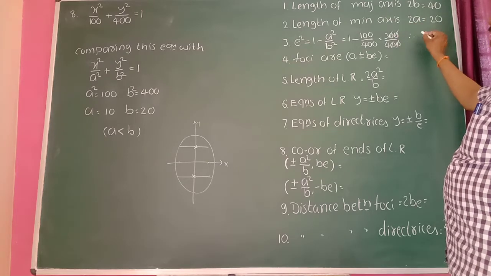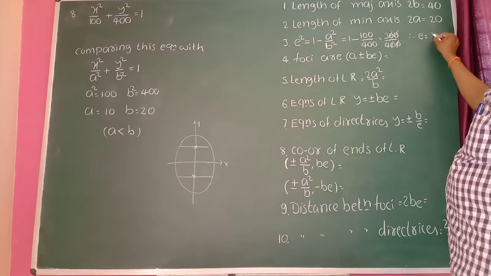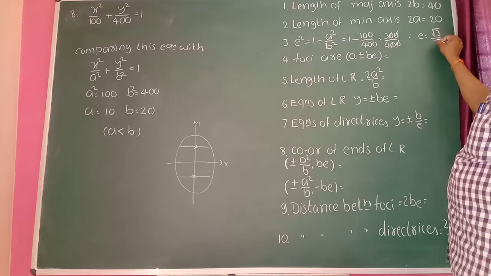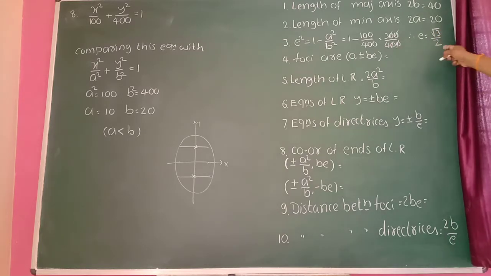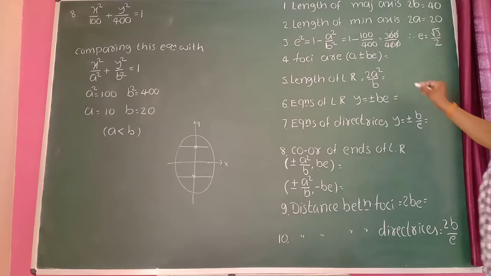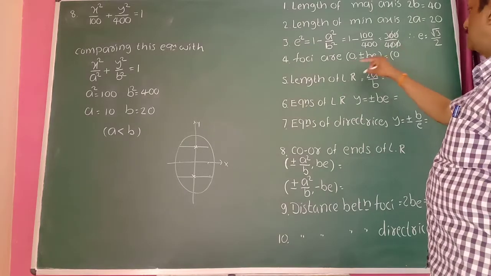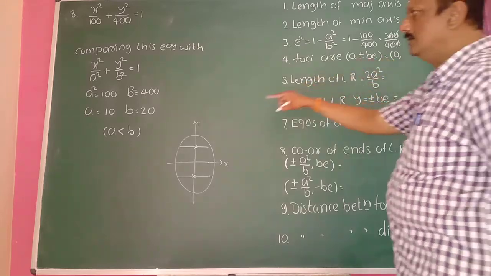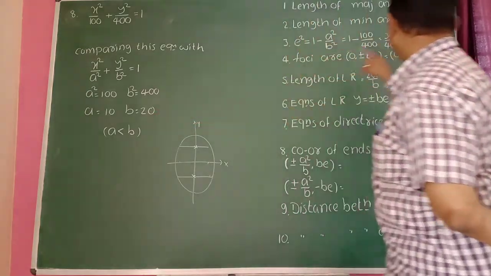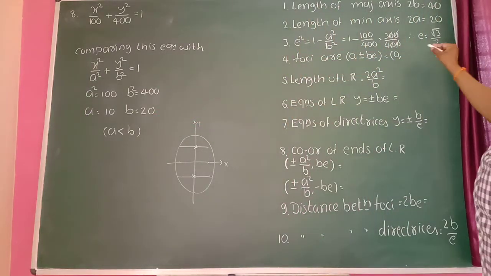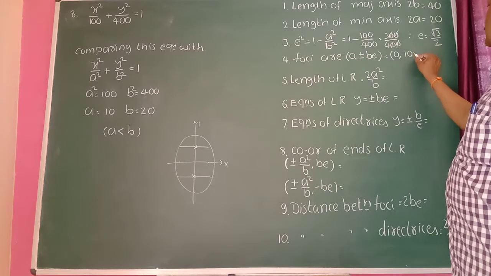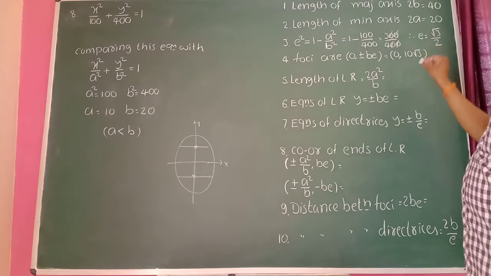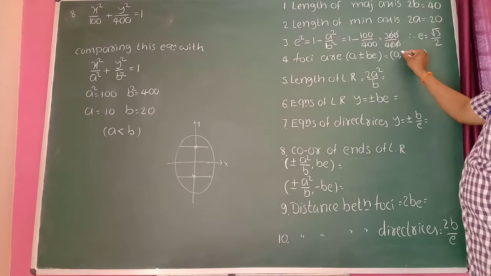Therefore, eccentricity is equal to root 3 divided by 2, square root of 4 is 2. Then foci: 0 comma plus or minus b e, the b value is 20 here. So 20 into this means 2 tens are 10 root 3, plus or minus.